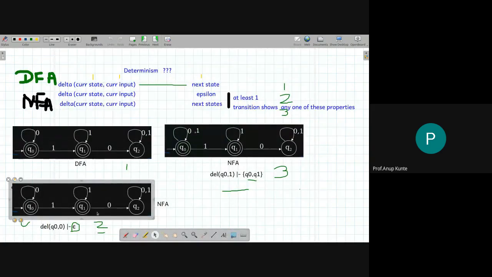ये वाला situation और ये वाला situation. ये वाला situation कब? When I select that phi set. That means there is no next state defined. Okay, on current state and current input, I don't have next state, then it is not written as epsilon, it is written as phi, because I choose the next state to be phi from the 2 raised to Q subset.